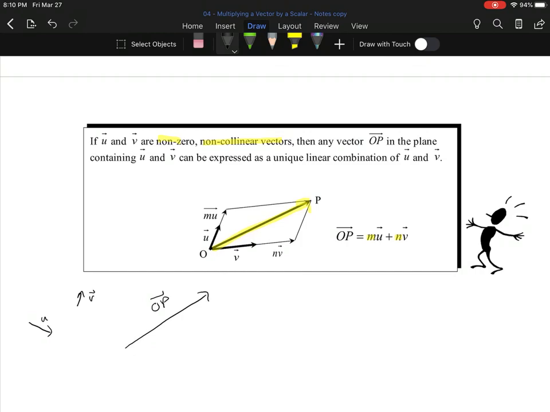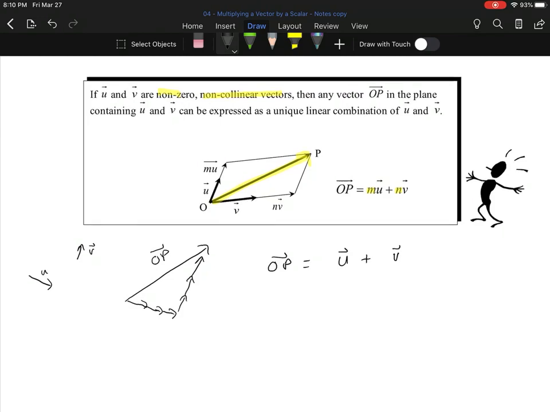What we're saying is we can make up this OP with a certain number of U's, trying to make it plausible here, and then a certain number of V's. There's always going to be a way to do that. How many U's and V's? Well, okay, that'll be some algebra. We've got to figure it out. But there's always a way to go OP equals some number of U's and then some number of V's.